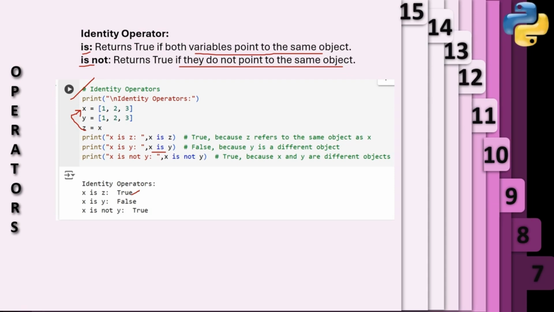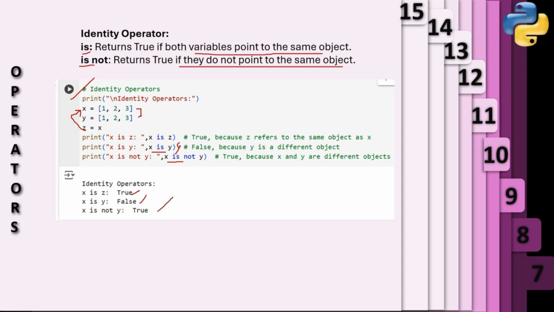It returns false because their memory location is not the same, but they are identical or similar. Next, x is not y. Is not returns true if they do not point to the same object. From the above explanation, we can tell these did not point to the same object, so we return true.